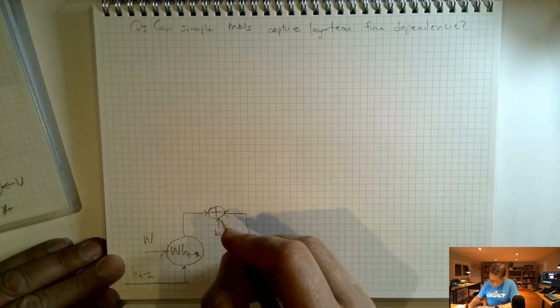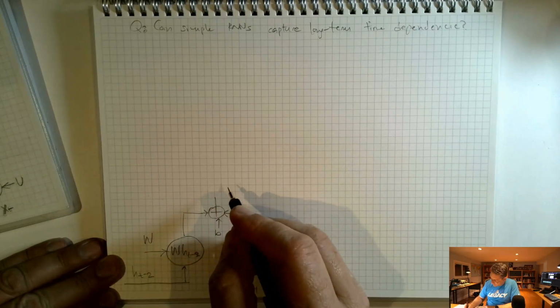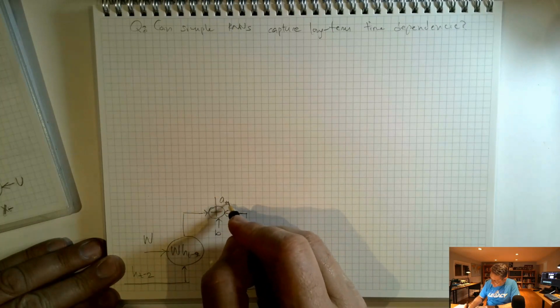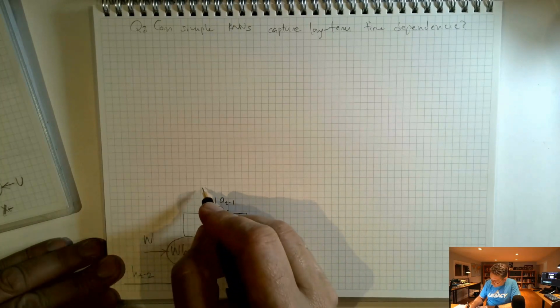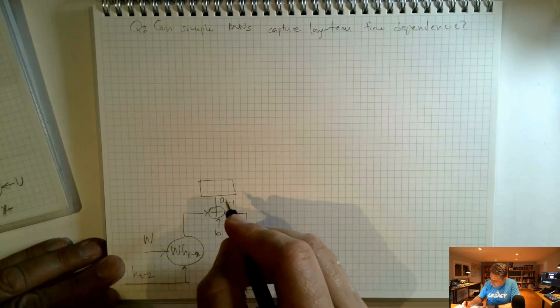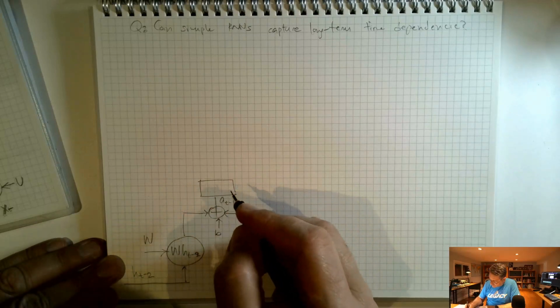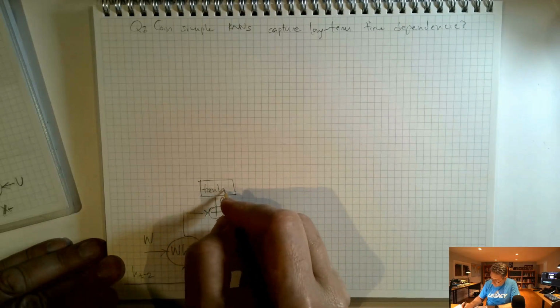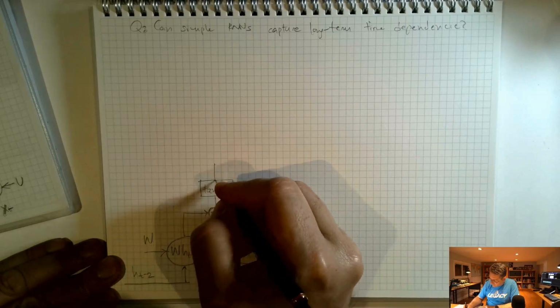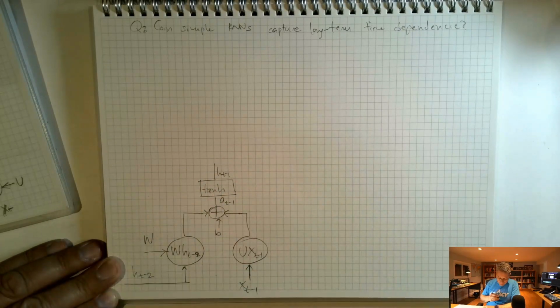Then this will give us some form of an activation. We'll pass that through the tanh nonlinear unit to obtain ht minus 1.